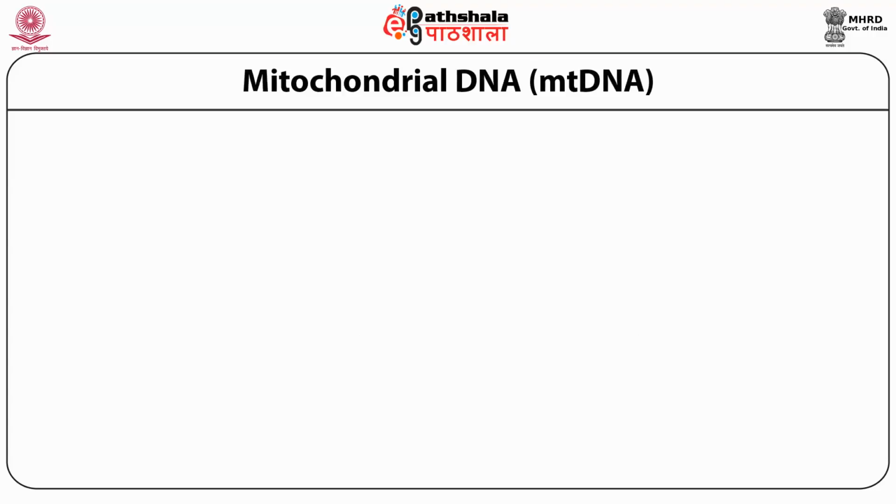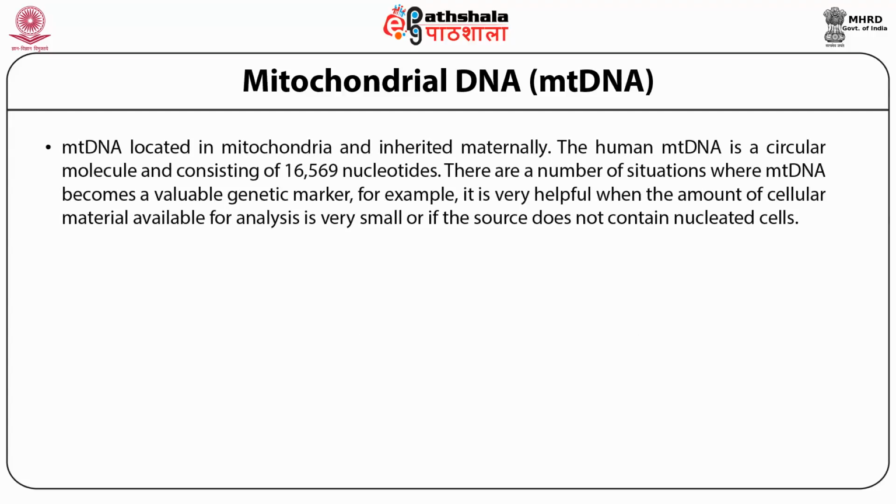Mitochondrial DNA, or mtDNA. Mitochondrial DNA is located in mitochondria and inherited maternally. The human mitochondrial DNA is a circular molecule consisting of 16,569 nucleotides. There are a number of situations where mitochondrial DNA becomes a valuable genetic marker.